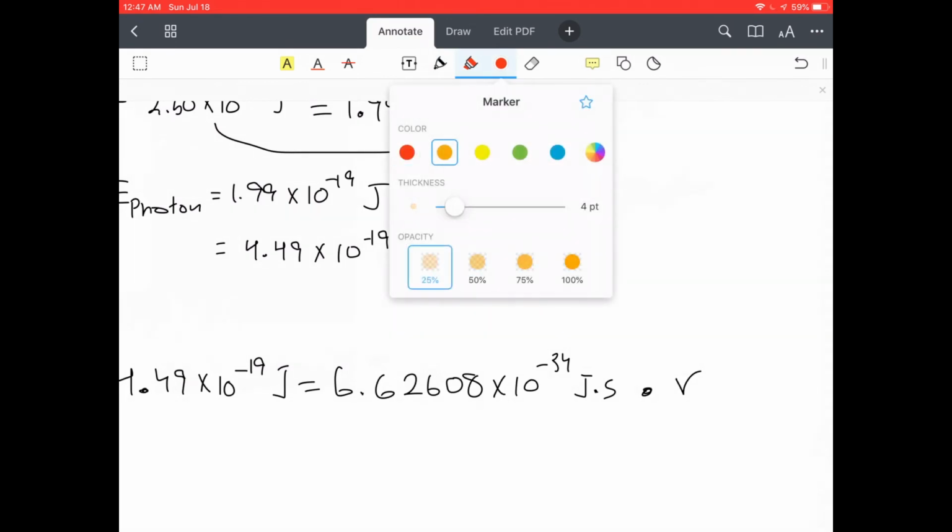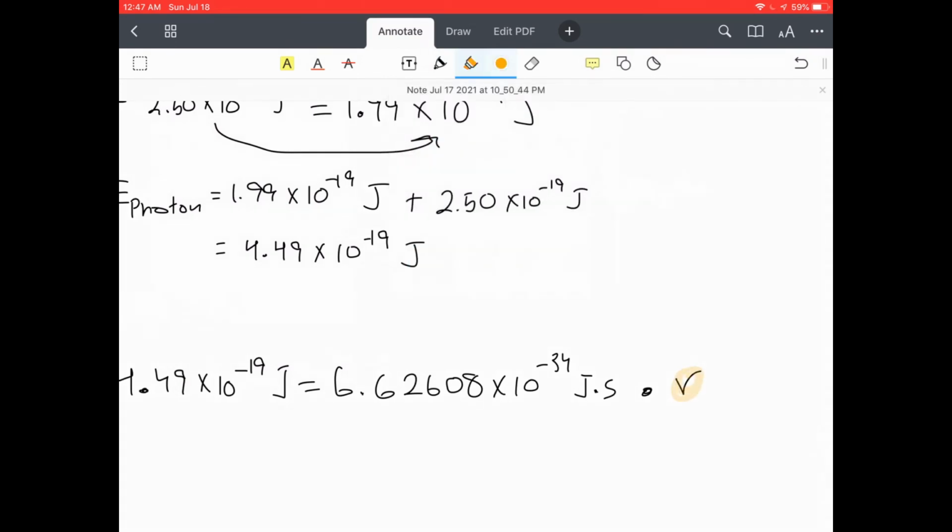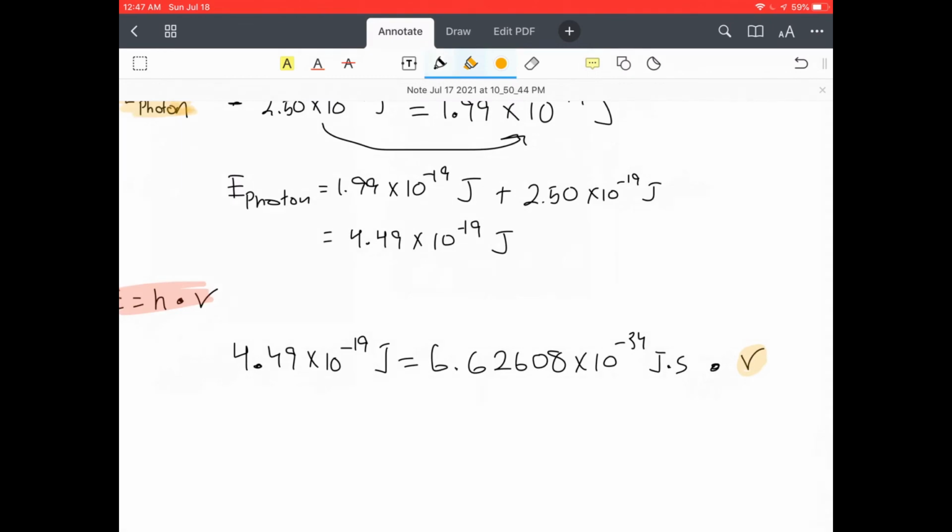And so since we want frequency all by itself, I'm going to divide by this value, Planck's constant, on both sides.